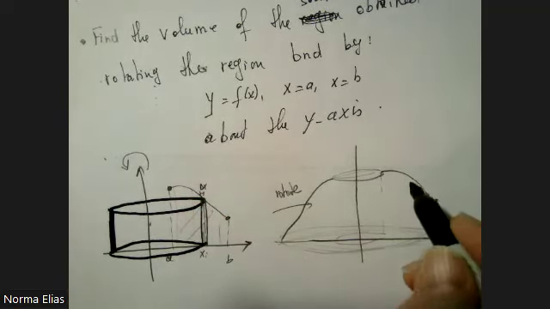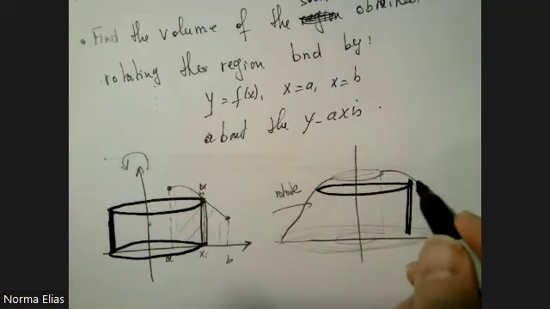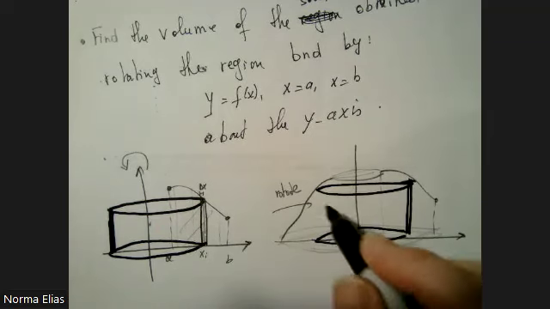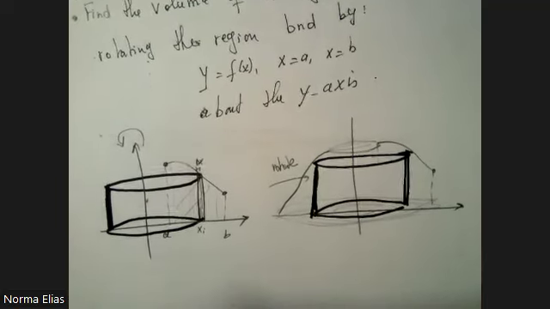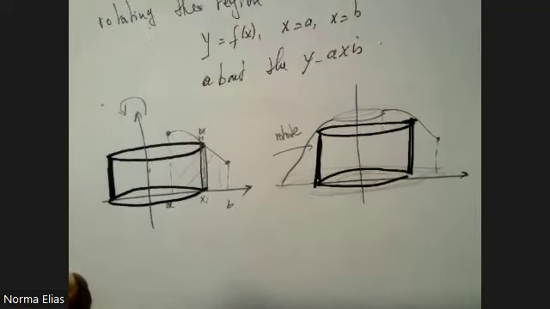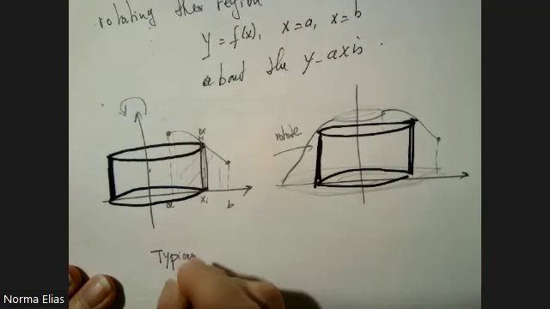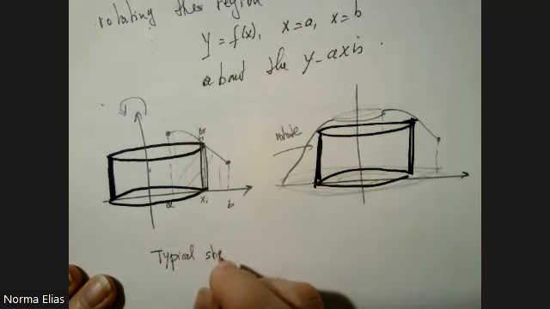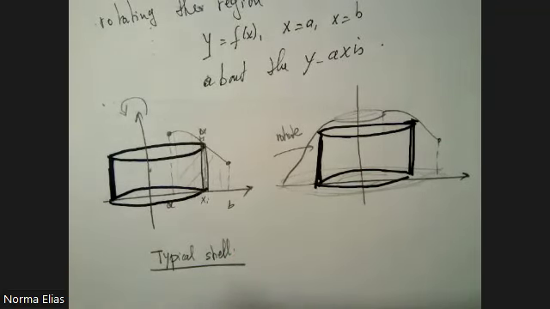So I'm filling that piece here. This is being filled with all those shells. That's the one that's being filled with a lot of shells. That's really what's happening. And now we're going to find the volume of the shell. So a typical shell. Okay, let's find the volume. All right.